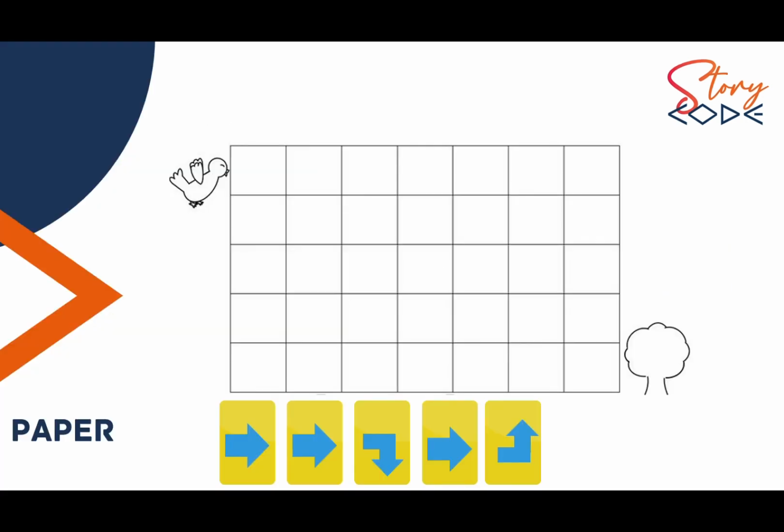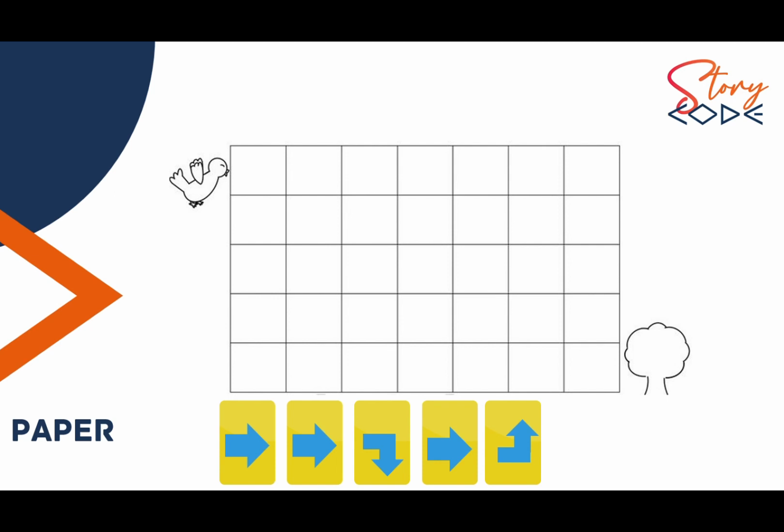These activities can be made on paper, like this one, for example. You can see this grid, and we have to guide the bird to the tree.